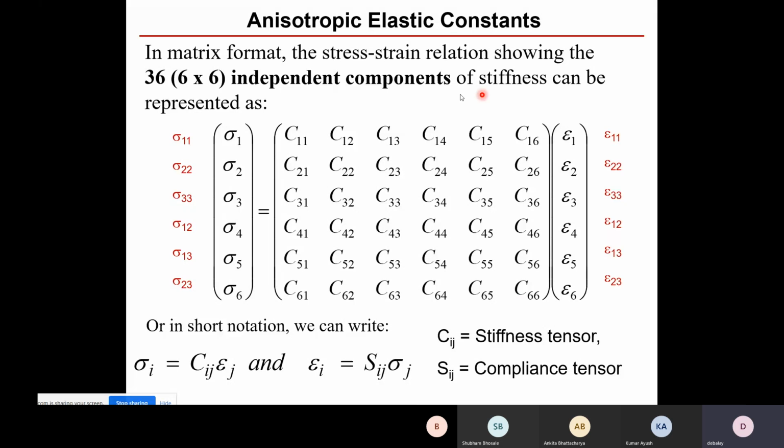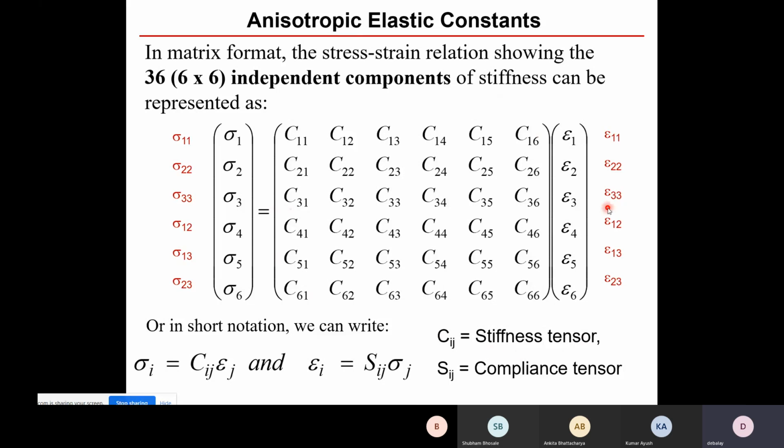This is a 4th order tensor. The elastic stiffness tensor will be a 4th order tensor, 9 into 9, 81 components. So stress and strain are related by stiffness. So Cij is called the stiffness tensor.